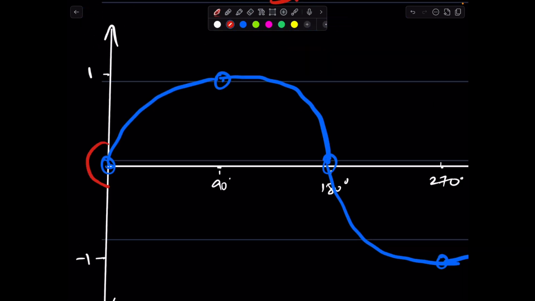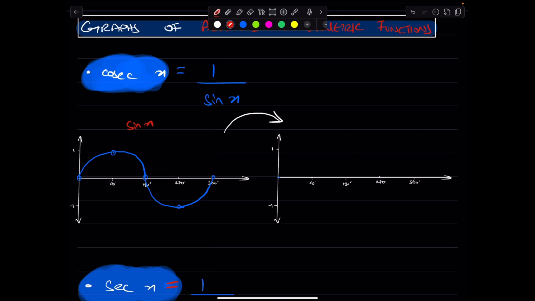The point at 0 gives us sin x is equal to 0. And since cosec is equal to 1 over sin x, which is 0, it's going to be infinity. Alright, so this is going to be something like this for now, no point.